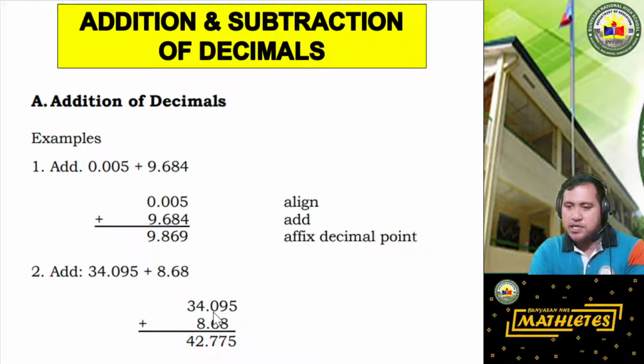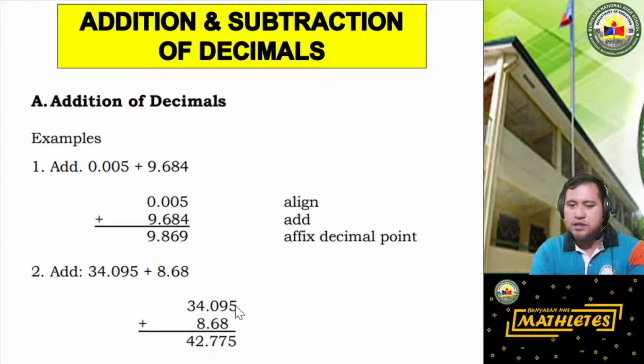Then in the decimal part, 0.095 is 95 thousandths: 0 is tenths, 9 is hundredths, and 5 is thousandths. In 8.68, the 6 is tenths and the 8 is hundredths. So the 6 aligns with the 0 and the 8 with the 9.